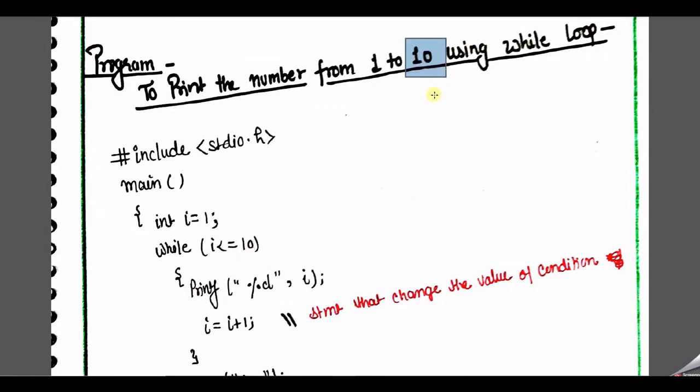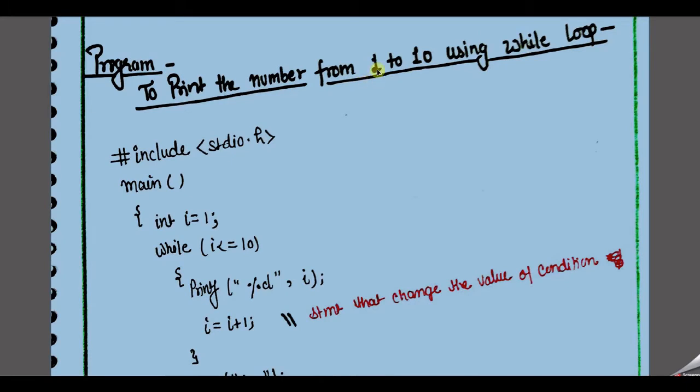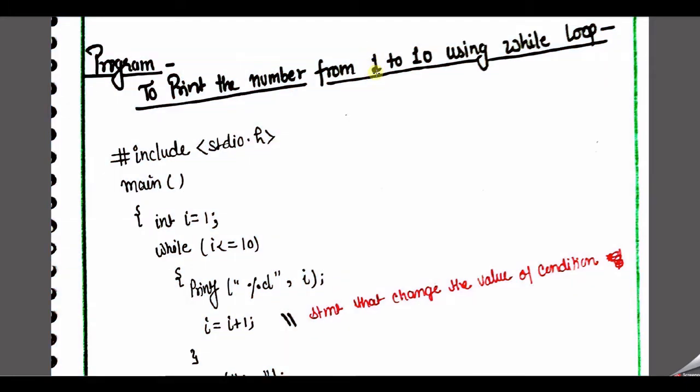So don't worry, class. Maybe you are confused about how we can decide our condition, how we can decide the limit of our condition. Don't worry, this is basically mentioned in your program also. The task is to print the numbers from 1 to 10. So what is the minimum limit? Just look here: the minimum number is 1 and the maximum number is 10.